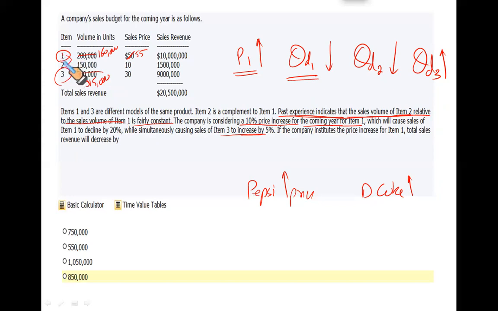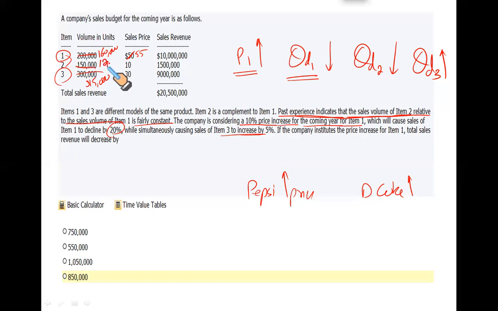Since items 1 and 2 are jointly demanded, if the demand for item 1 falls, the demand for item 2 will fall by the same percentage, that is 20%. So I'm going to reduce it by 20%. The new level of sale is going to be 120.